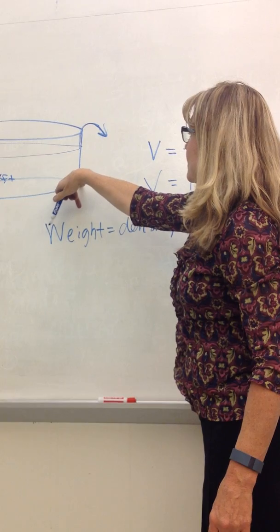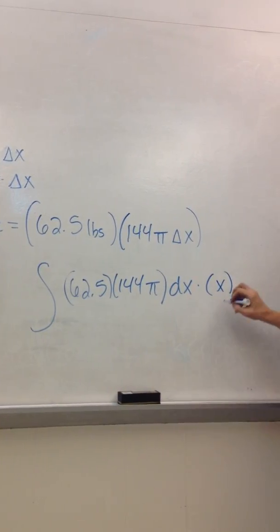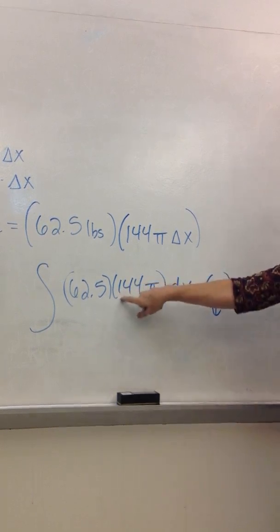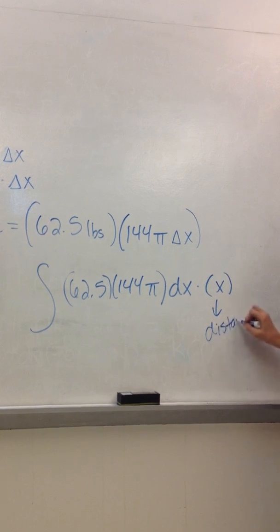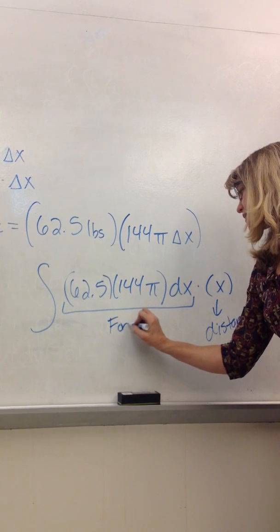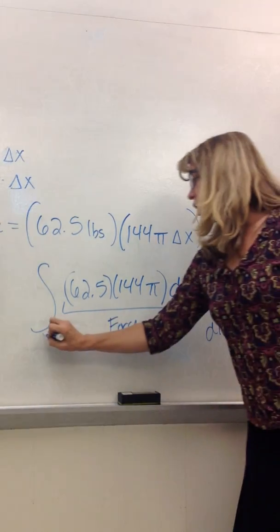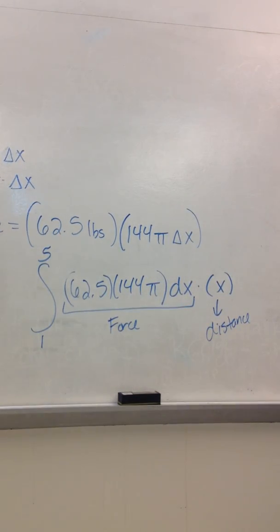So I think I would just put x, okay? I've separated it from the rest of this other stuff only because this is representing your distance. The dx is really part of your force. And then my distance is going from a low of 1 foot to a high of 5 feet.